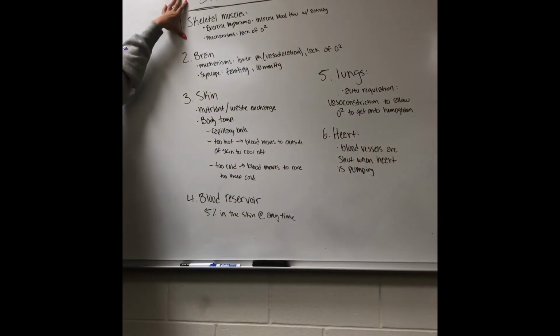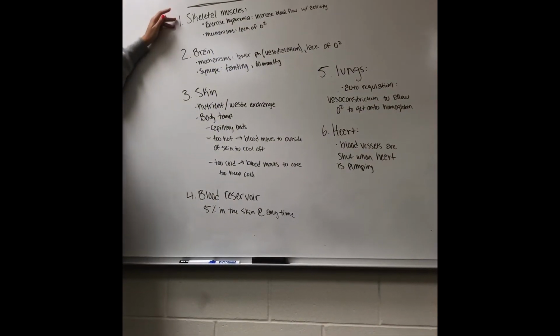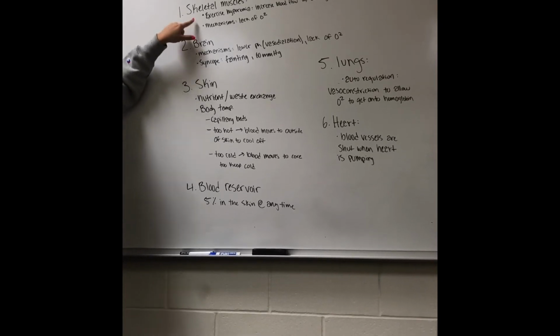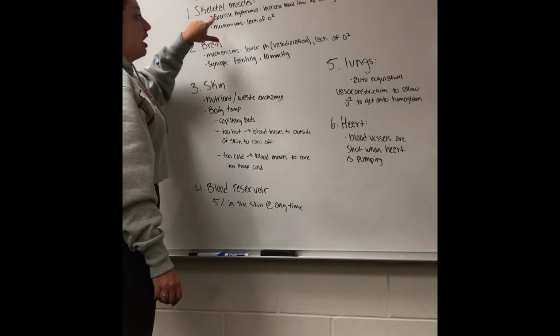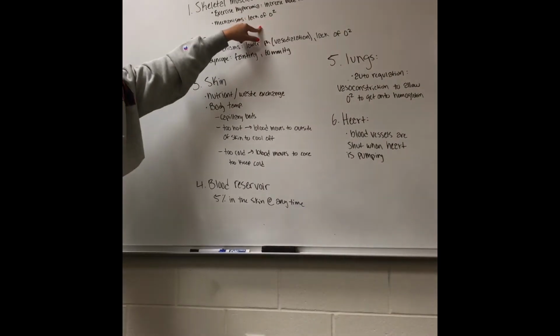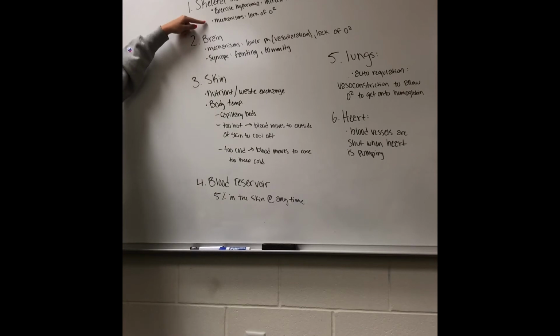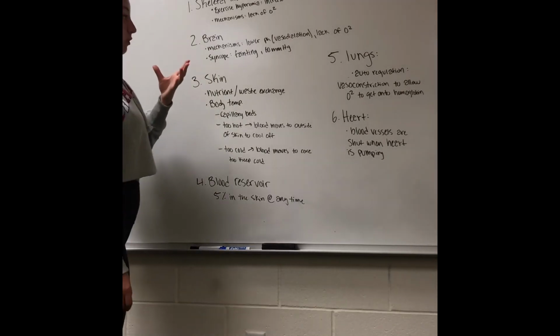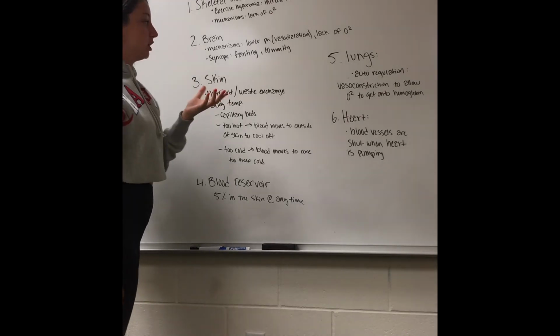So this is going to be blood flow through special areas. In the skeletal muscle, when you are increasing activity, you have exercise hyperemia, and this comes with a lack of oxygen because your body isn't getting enough oxygen while you're exercising, because blood is pumping faster and more blood is pumping through your body.